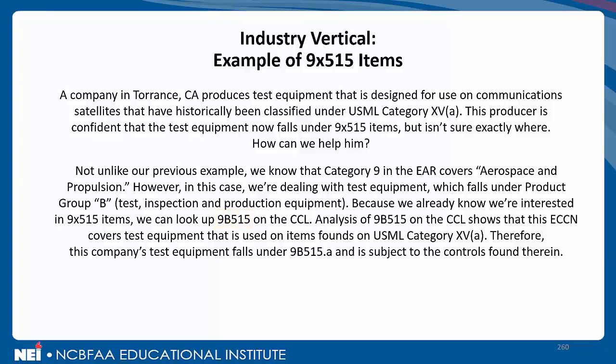Analysis of 9B515 on the CCL shows that this ECCN covers test equipment that is used on items found on USML Category 15A. Therefore, this company's test equipment falls under 9B515.A and is subject to the controls found therein. Let's have a look at some excerpts that solidify our claims.